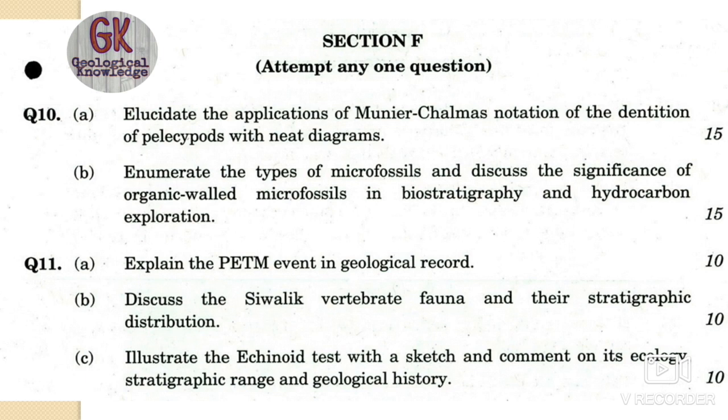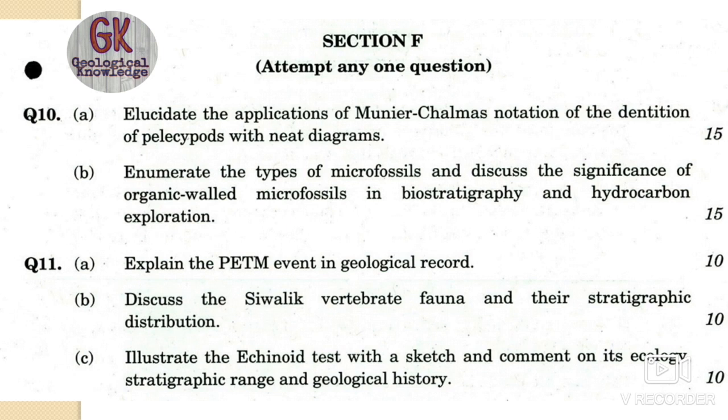Then, enumerate the types of microfossils and discuss the significance of organic-walled microfossils in biostratigraphy as well as hydrocarbon exploration. So you have to enumerate the types of microfossils, and also discuss the significance of organic-walled microfossils in biostratigraphy and hydrocarbon exploration.